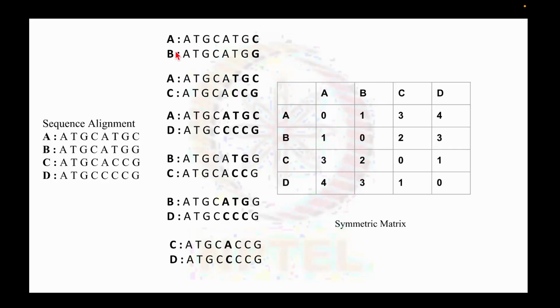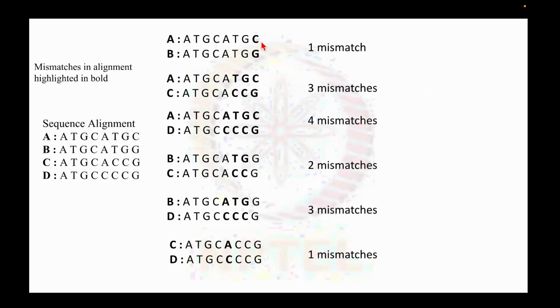So in the first A and B alignment, we have only one mismatch. In the last position, in A we have C, in B we have G, so there is one mismatch. Similarly for all the remaining alignments, I have noted the number of mismatches observed.